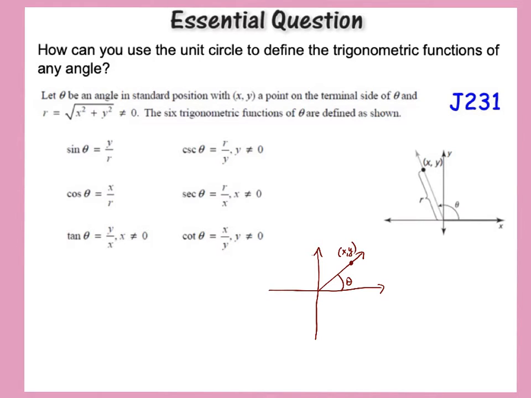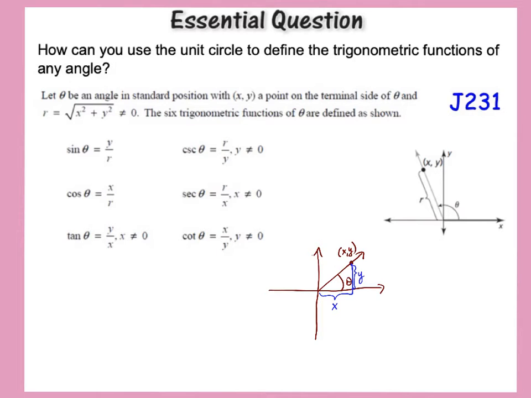So if I create a right triangle, I know that this distance would represent the y coordinate, because that's the length from 0 to the ordered pair y. It's a vertical distance. And the horizontal distance would be represented by the x coordinate, because that's the distance from the y-axis to the x coordinate of the point.